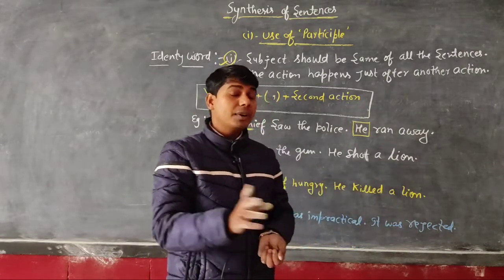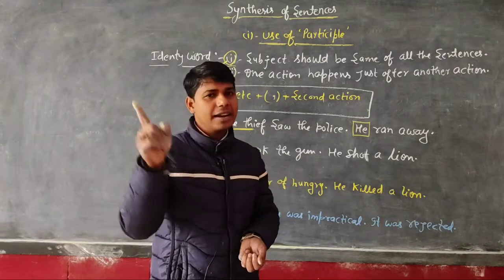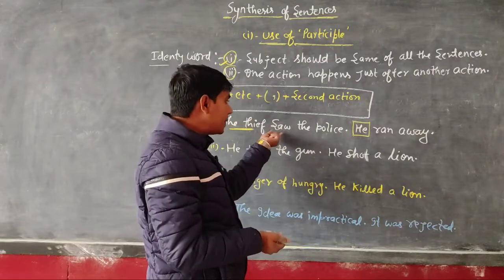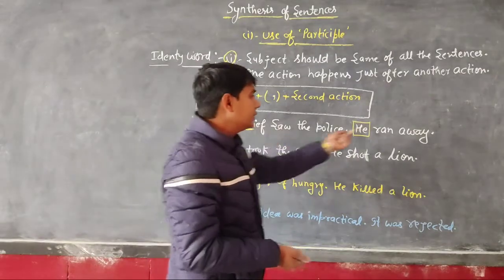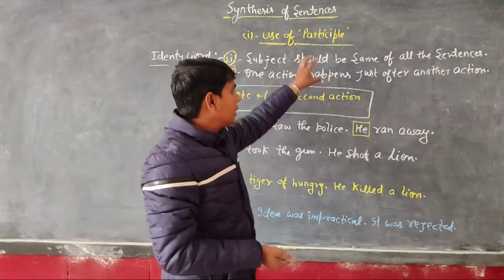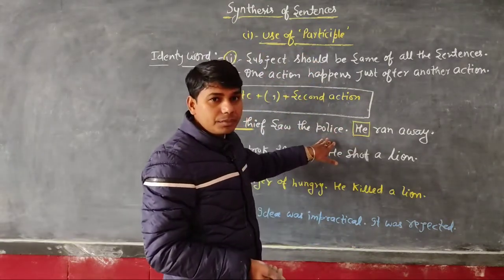No, no, it will not happen. As soon as the thief saw the police, he ran away. So you can see one action is not completely finished, meanwhile this action begins. So both the identity words follow the given sentences.